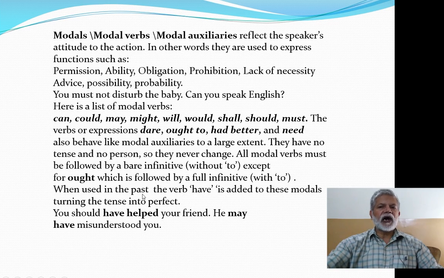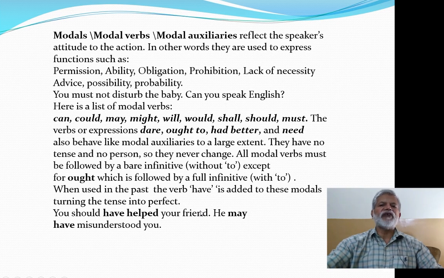When used in the past, the verb have is added to these modals. If we want to make a sentence in the past tense, we may use have with them, and in that way, the sentence becomes perfect.